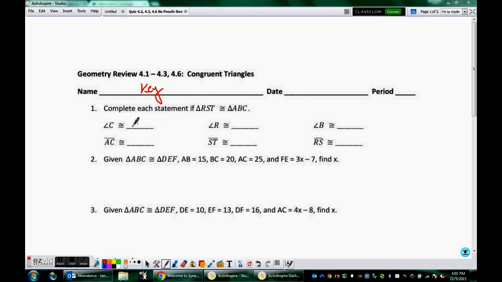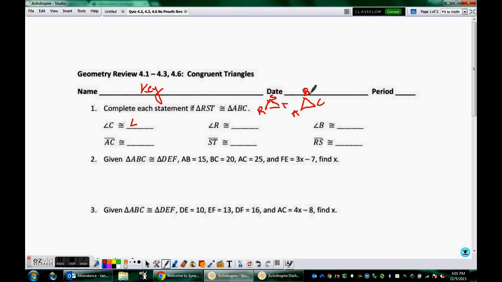So for this first one, I've got angle C is going to be congruent to, basically I'm looking for another angle here. So when I look at this, triangle RST is congruent to triangle ABC.